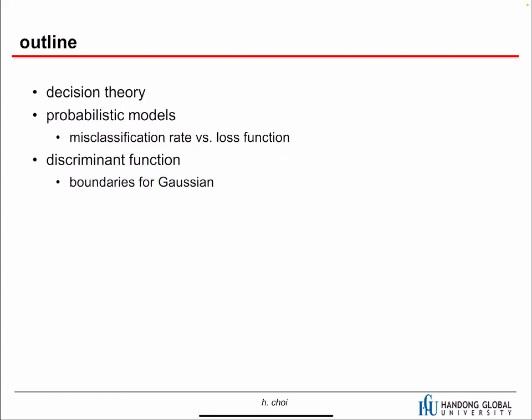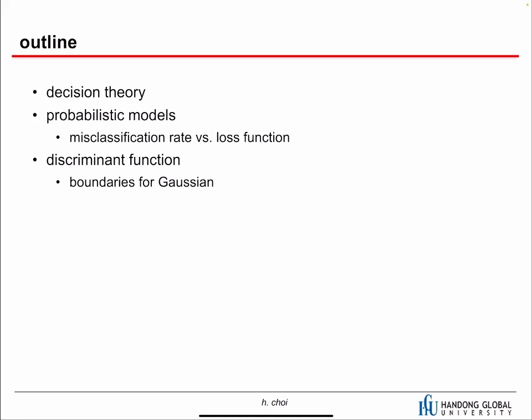So first we're going to talk about what decision theory is, and then in decision theory, to make a decision, there are a couple of approaches. So we'll talk about probabilistic models and discriminative functions. In probabilistic models, we actually make probabilities to make decisions, and in discriminative functions, we don't actually make probabilities.